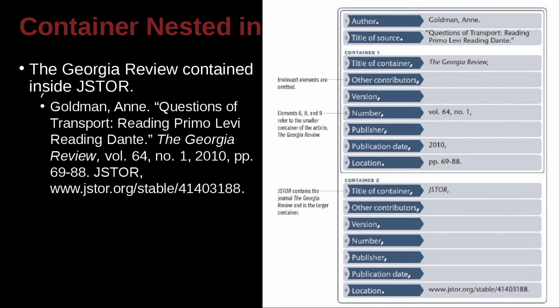So in this example, Goldman, "Questions of Transport: Reading Primo Levi, Reading Dante," the Georgia Review, Volume 64, Number 1, 2010, pages 69 to 88, inside JSTOR. So right there, this period here is this period here. That is author, source, the container, over.